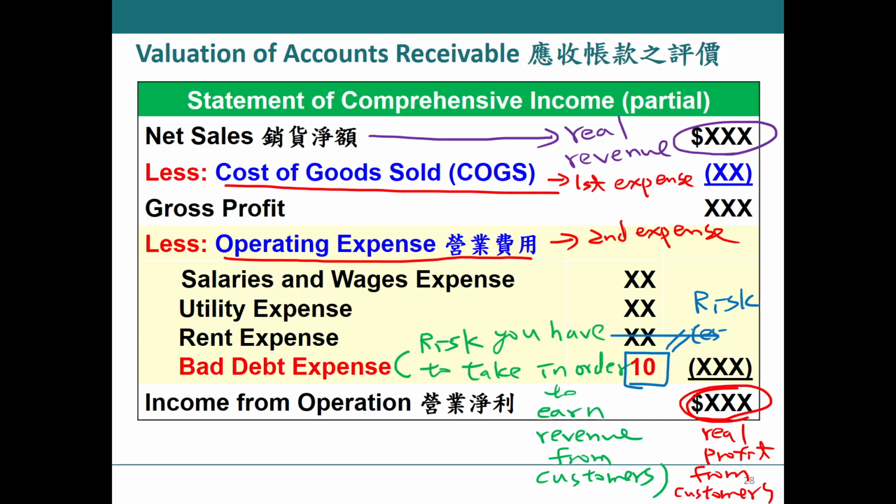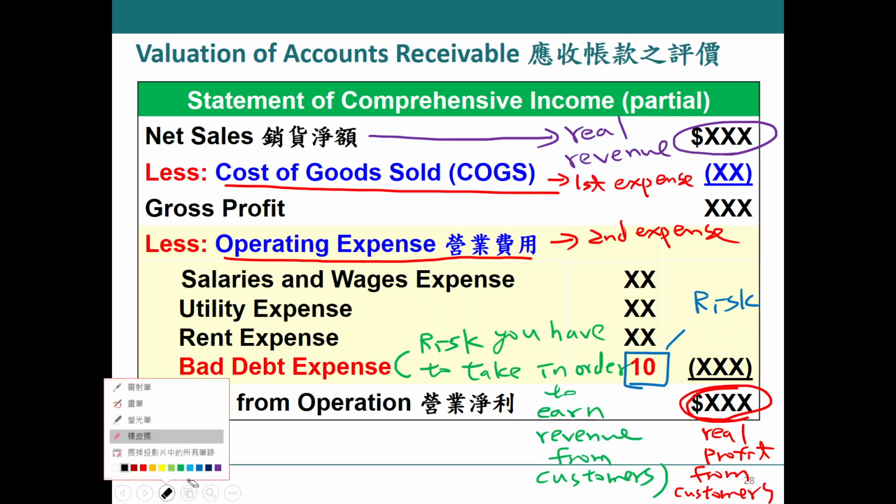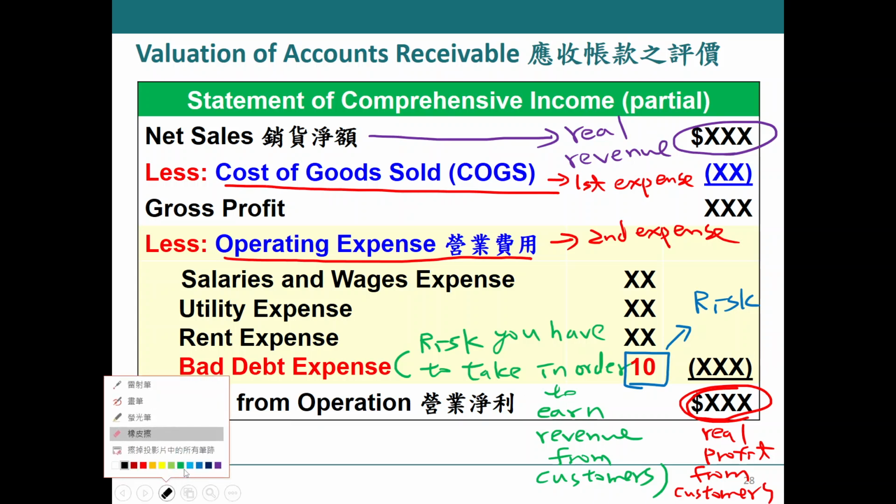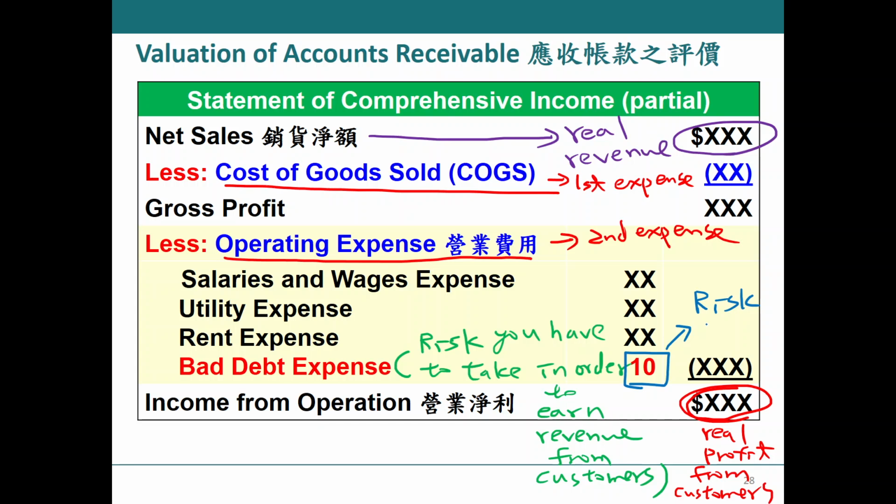It is also an estimate, not the true amount. 估计的。Okay?